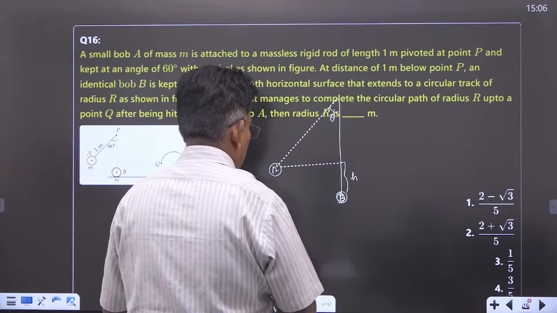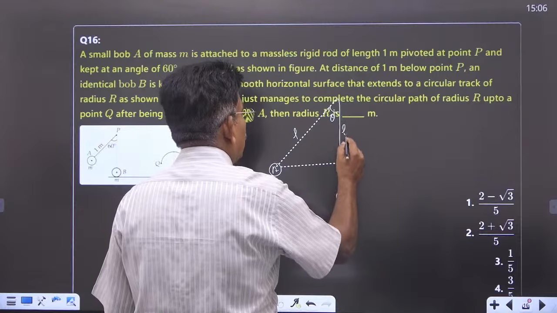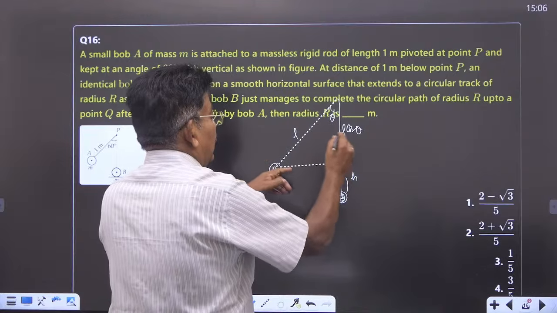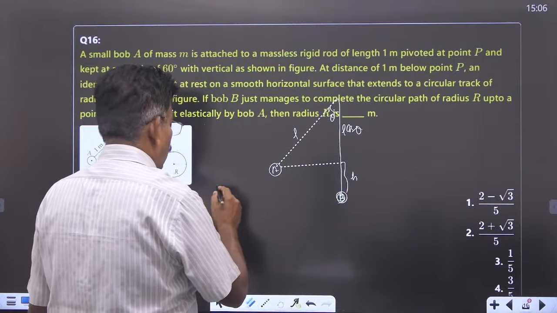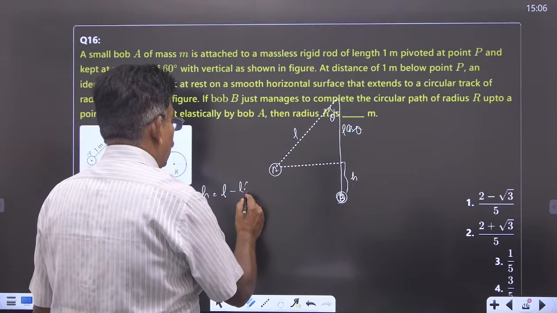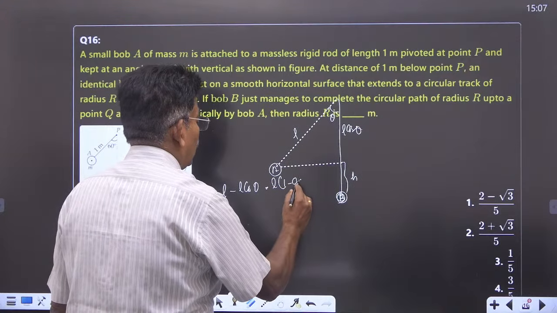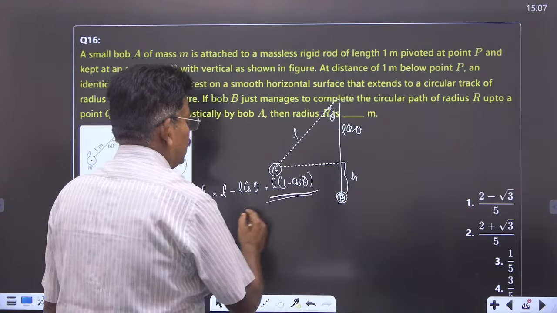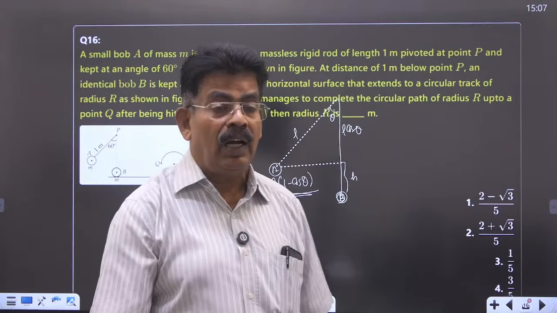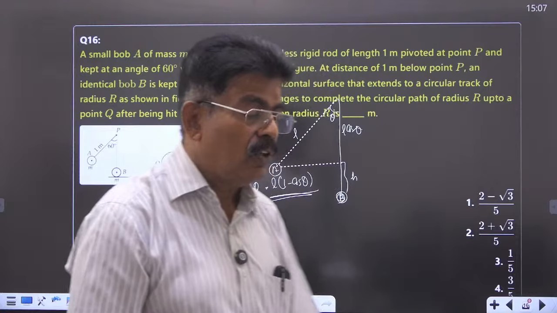Yes, this is length L. This will be L cos theta, the adjacent side in this triangle. Therefore, the height of the pendulum bob is L minus L cos theta, or L into 1 minus cos theta. This is the first information you require. When the pendulum is tilted through an angle theta, if L is the length of the pendulum, the height through which it has gone is L into 1 minus cos theta.